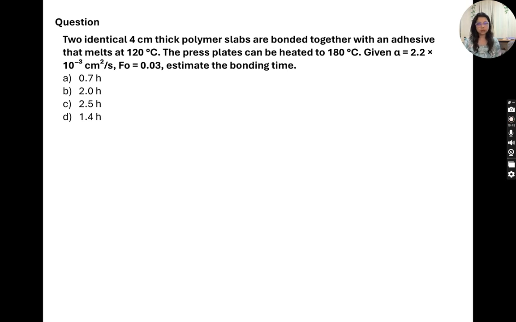It's also a formula based question, so we can simply put in the formula and solve it.